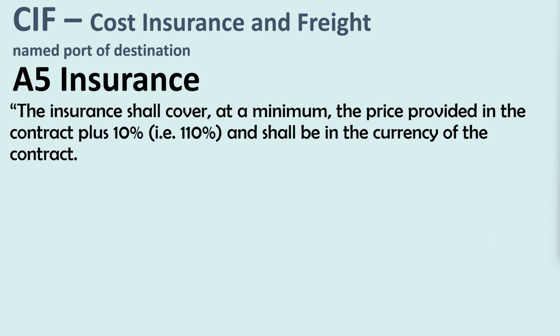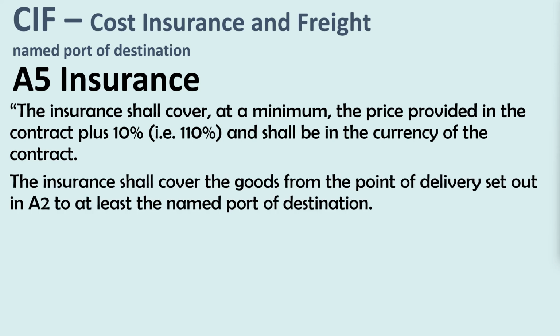The insurance shall cover at a minimum the price provided in the contract plus 10%, i.e. 110%, and shall be in the currency of the contract. The insurance shall cover the goods from the point of delivery set out in A2 to at least the named port of destination.